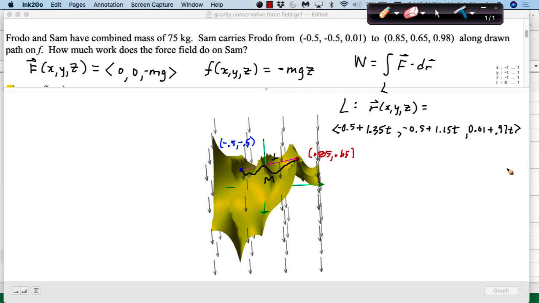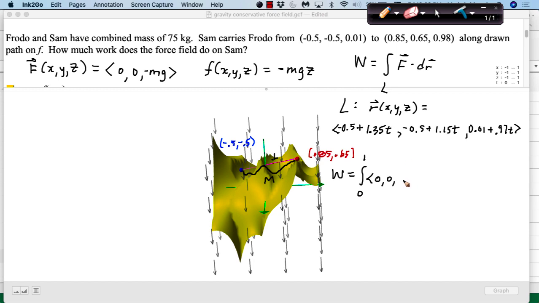Okay, so now we've got the parameterization. We can do dr in our head because they're all linear. That's easy. And so we can set up the work. This is the work that the gravity field is doing on Sam, right? And we know it's going to be from 0 to 1. F will be 0, 0, just a constant, minus mg.